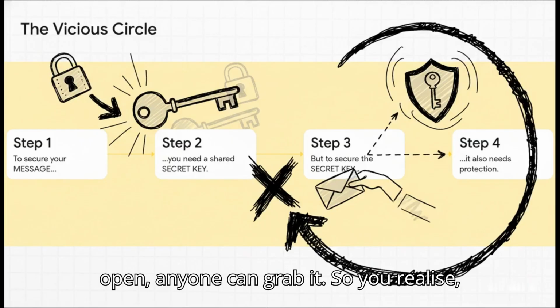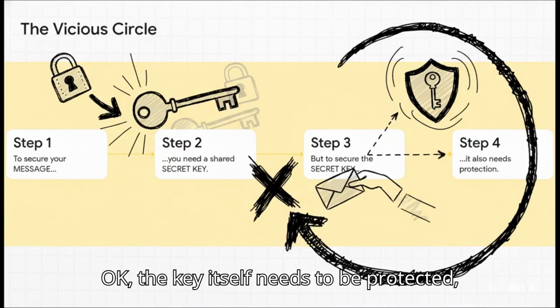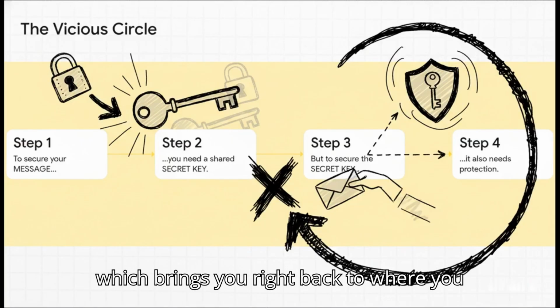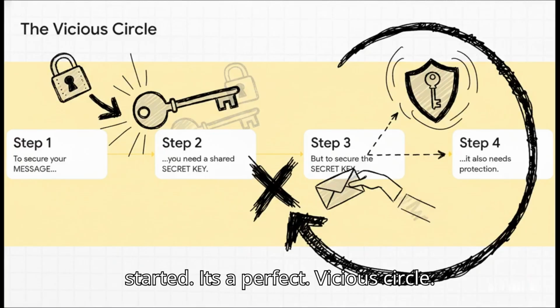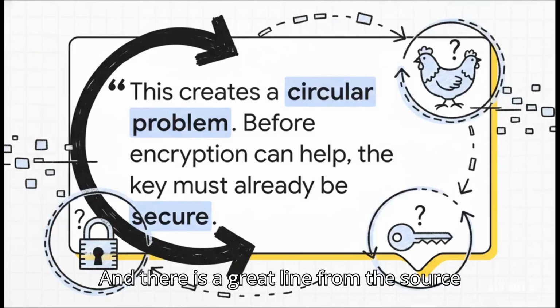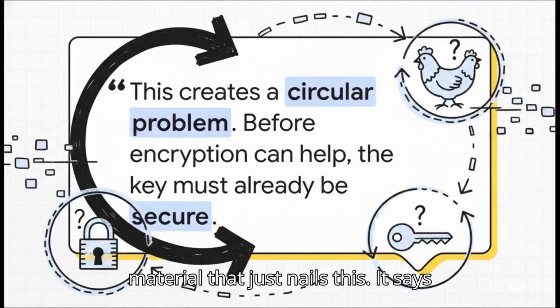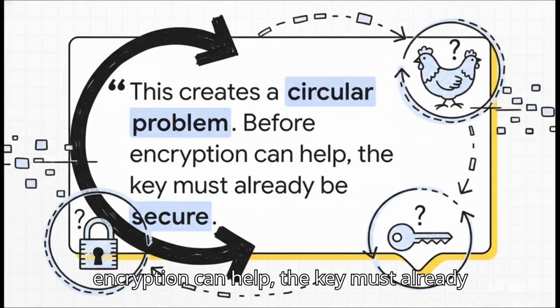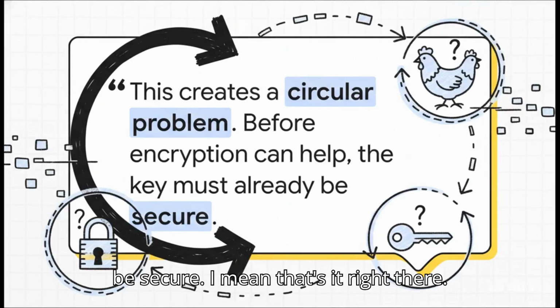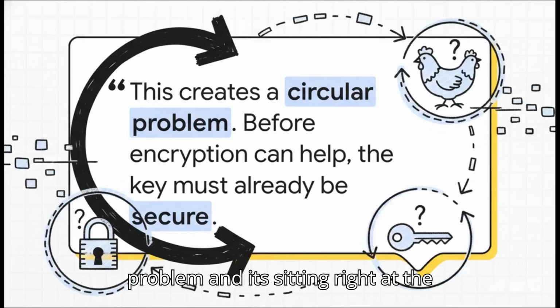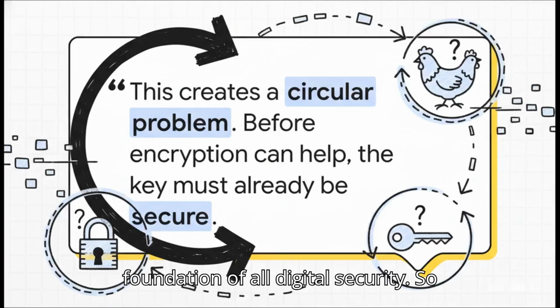So you realize, okay, the key itself needs to be protected, which brings you right back to where you started. It's a perfect, vicious circle. And there's a great line from the source material that just nails this. It says, this creates a circular problem. Before encryption can help, the key must already be secure. I mean, that's it right there. It is the ultimate chicken and egg problem, and it's sitting right at the foundation of all digital security.